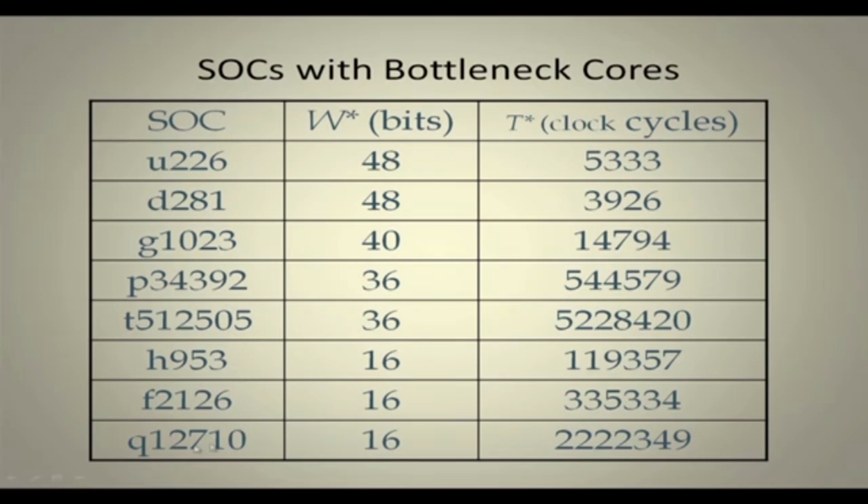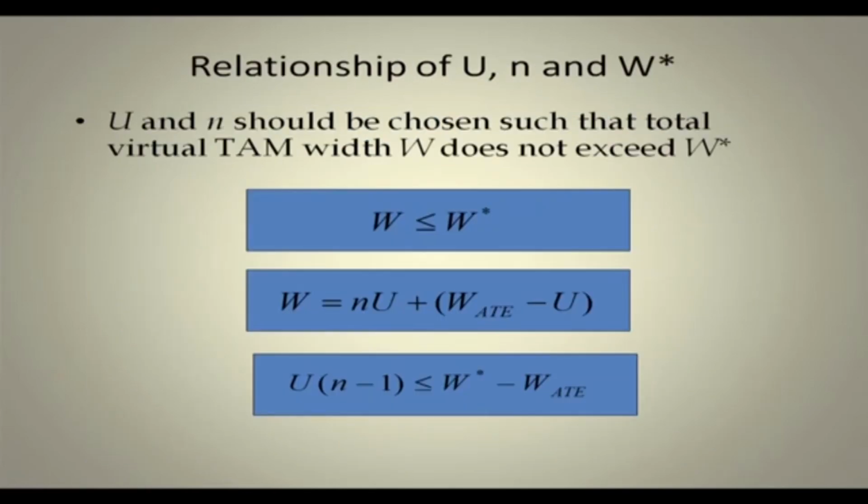All these SOCs are mentioned here, and for each of them there is some bottleneck core, due to which even if you increase the TAM width beyond w star bits, it will not improve the test time beyond this t star value, in clock cycles in terms of ATE.